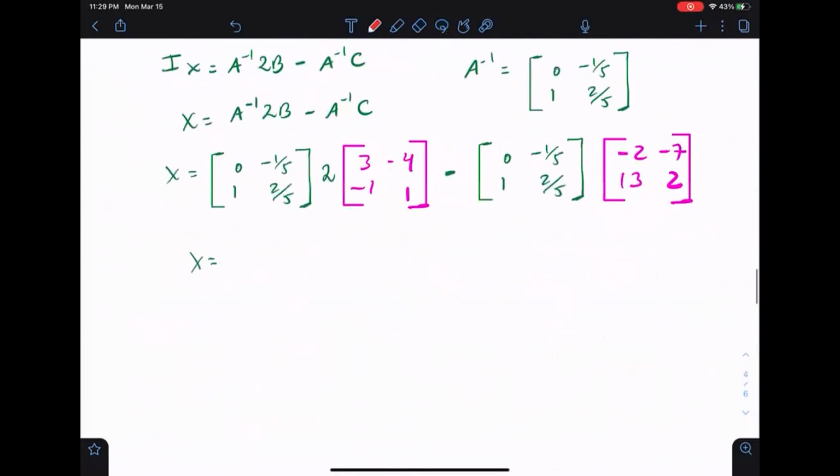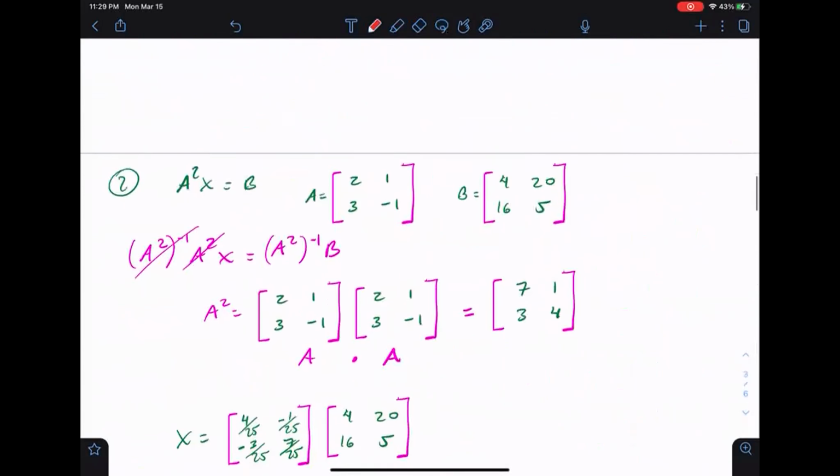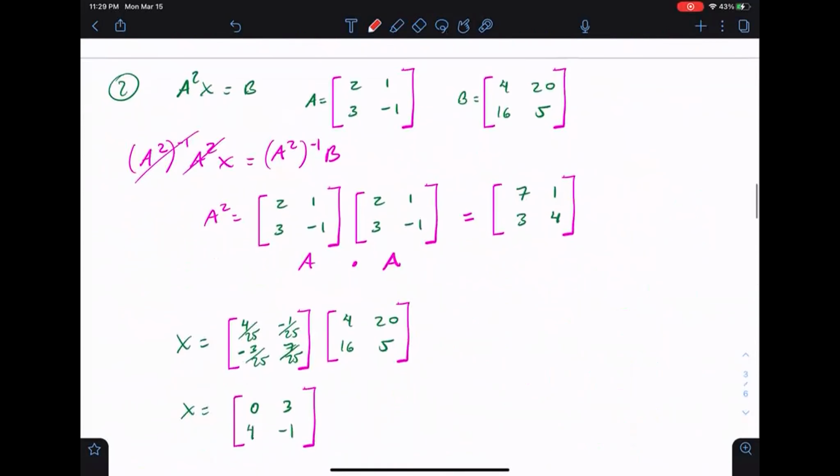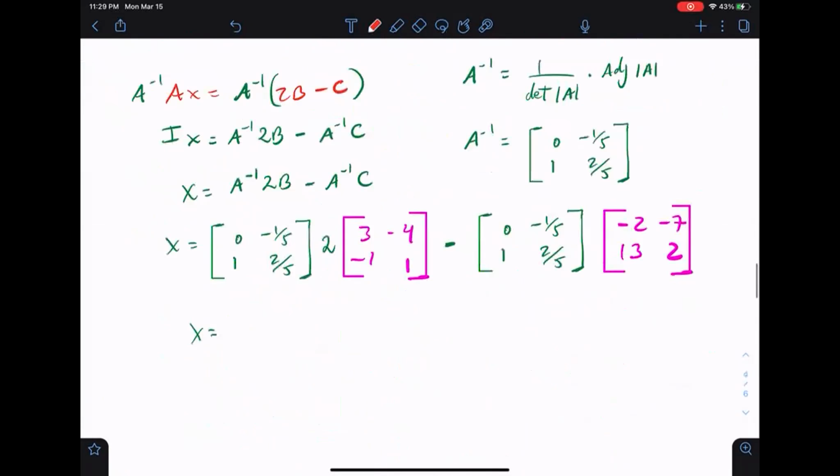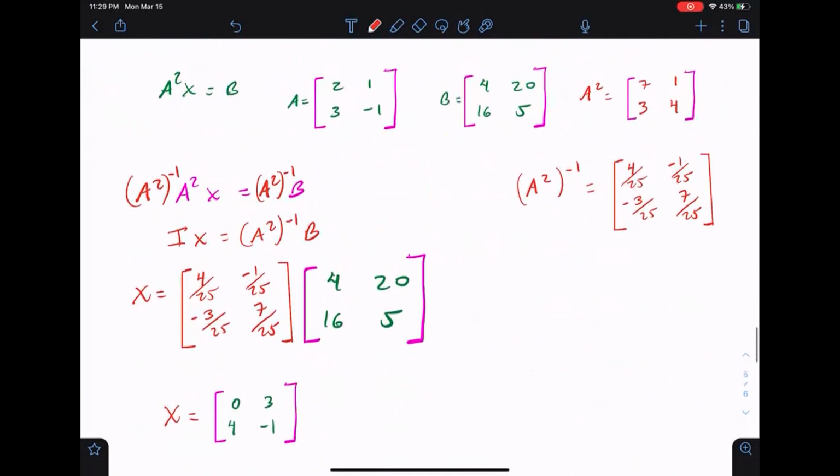Let's check. You're supposed to get this thing: 0, 3, 4, -1. So that's here. Just in case you need it, the work that we did is here, right? So that's supposed to be the answer. Let me put that in yellow just in case you're still confused. This is the answer.